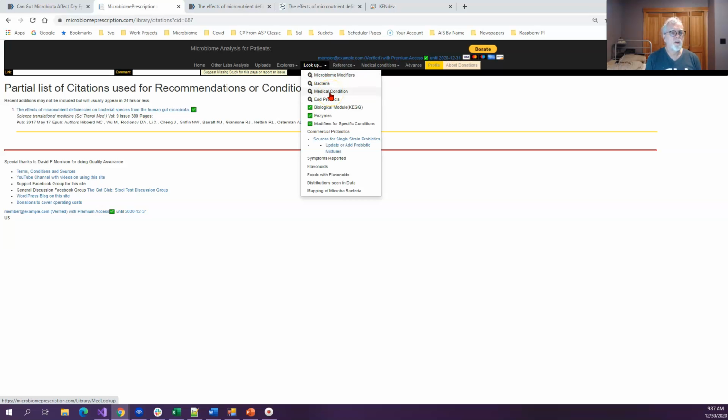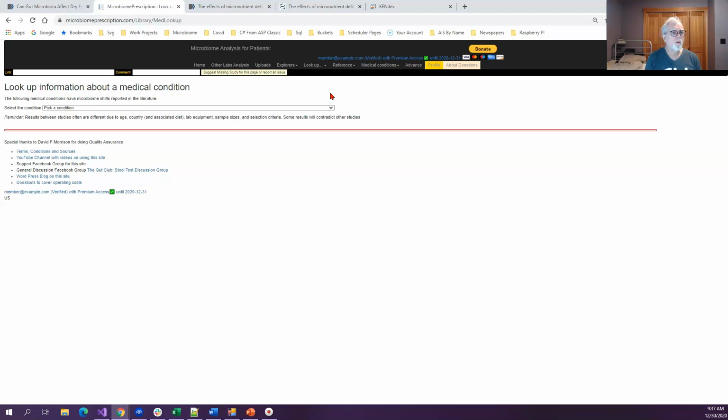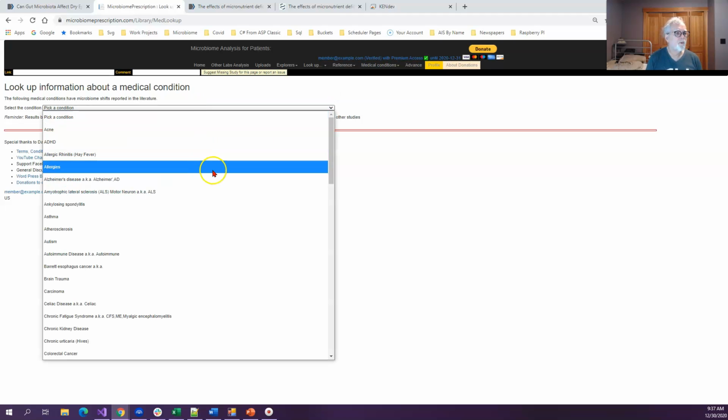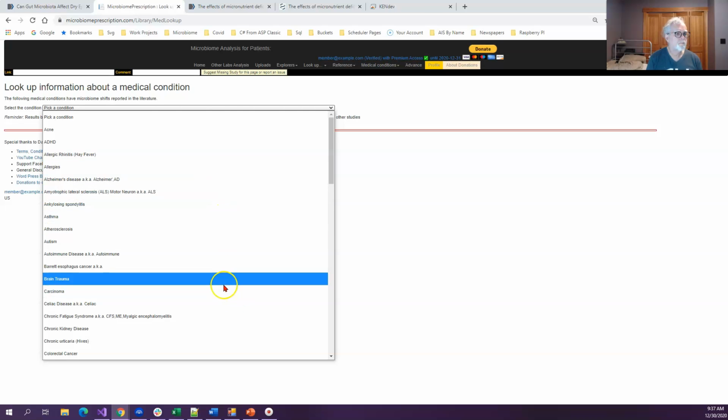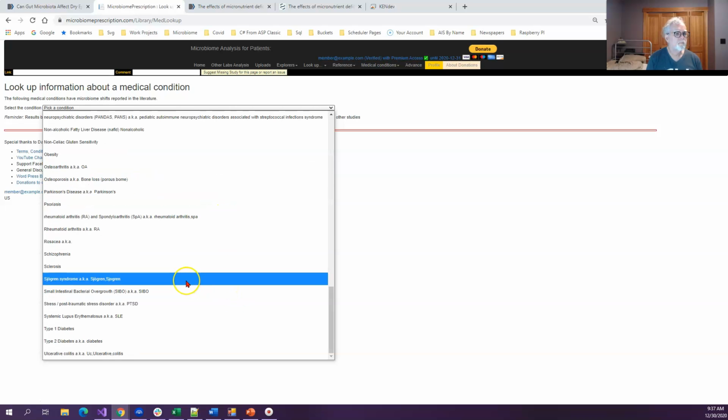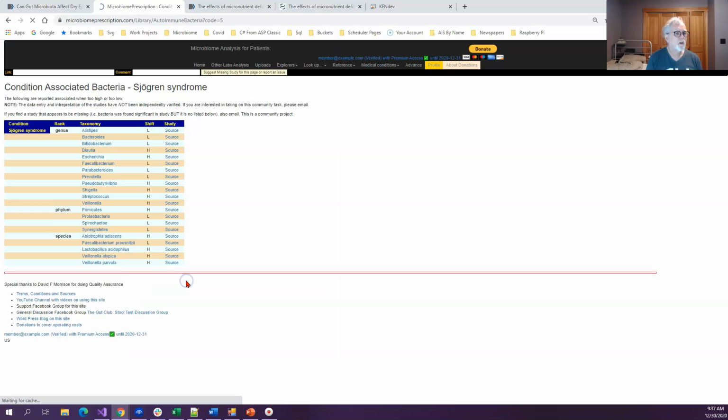For medical conditions, we do have a similar ability. For example, let's look at the dry children thing. We have here a summary of the bacteria. These won't necessarily always be complete.